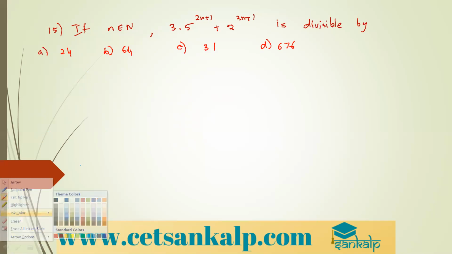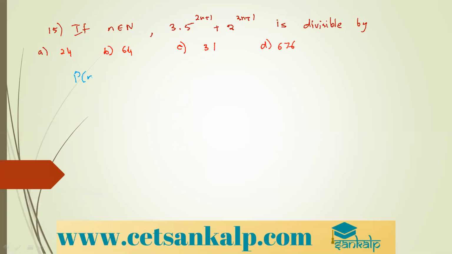Now, in order to prove this, I will take P of n as 3 into 5 power 2n plus 1 plus 2 power 3n plus 1. If I put n equal to 1, P of 1 will be 3 into 5 cube plus 2 power 4.